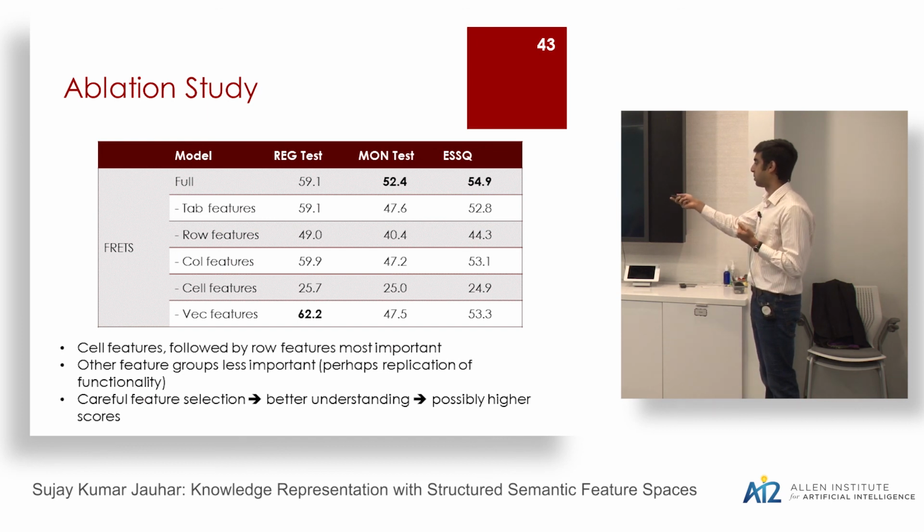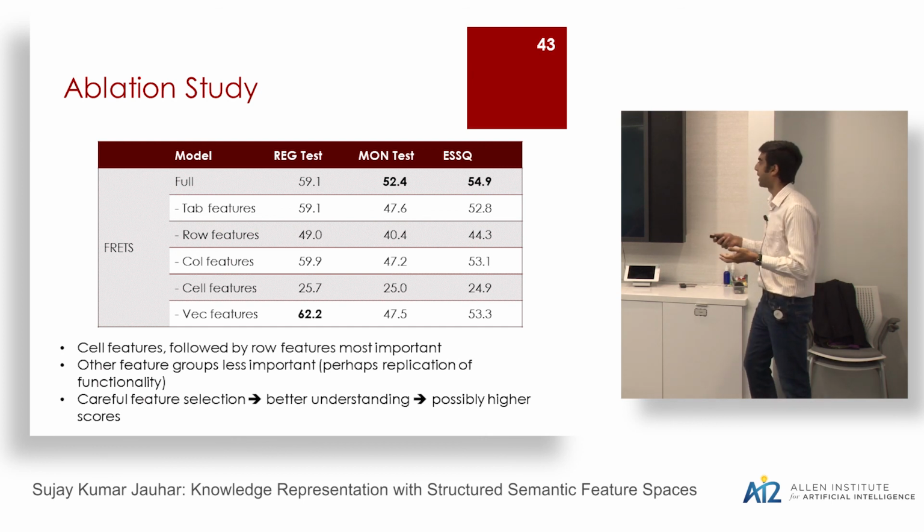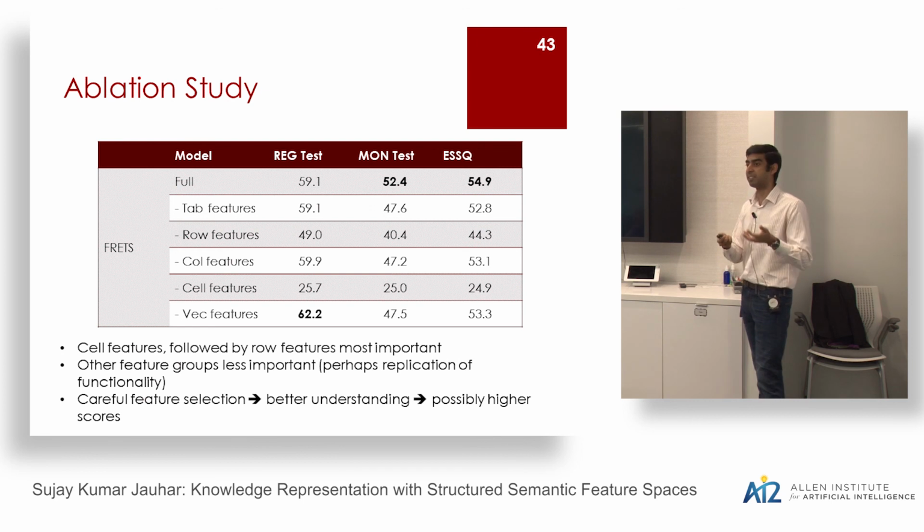But we found that the most important types of features tend to be those that focus on cells and questions. This could be because the question itself is central to answering it, so you want to align that really well, and the cell contains the answer. But it also could be because certain features that we replicate on larger groups, such as tables, might be replicating information.